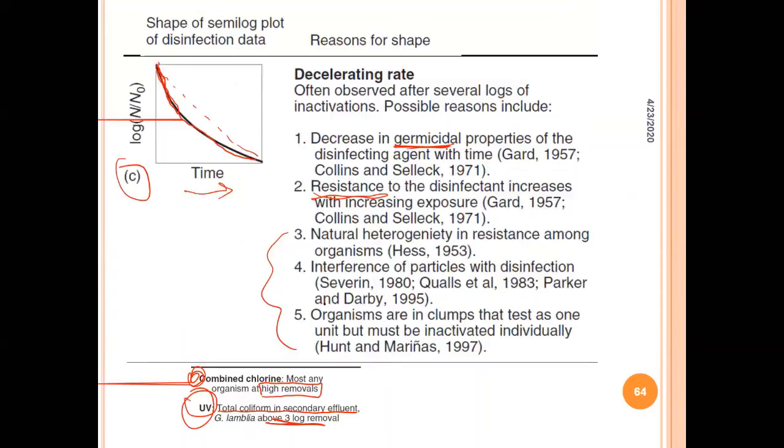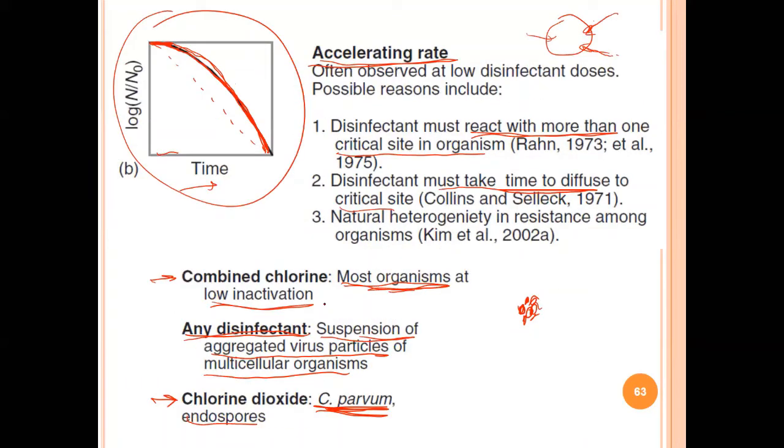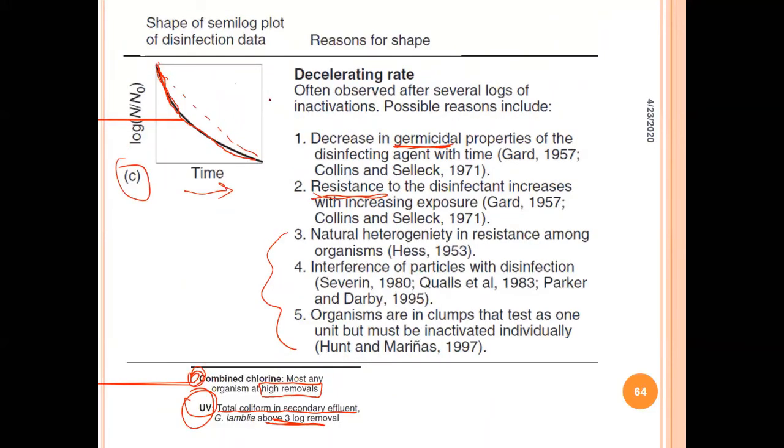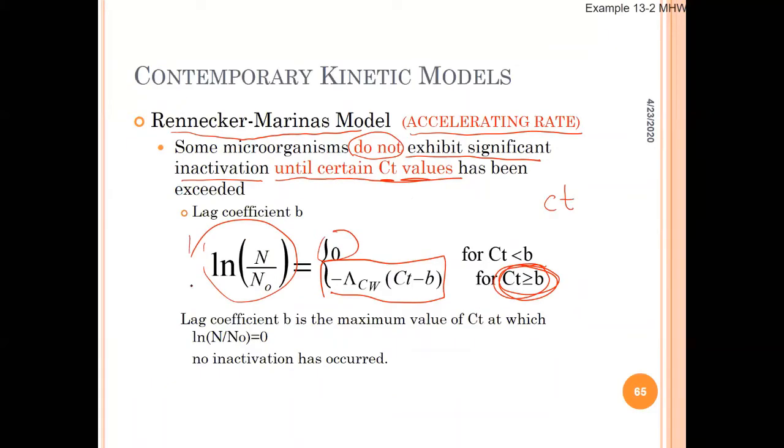So until a certain CT value, there is no disinfection. After that, disinfection occurs. So they propose this model, which has log of some value b.